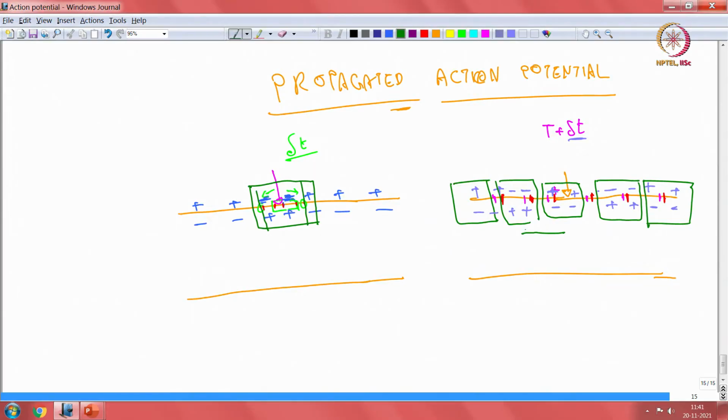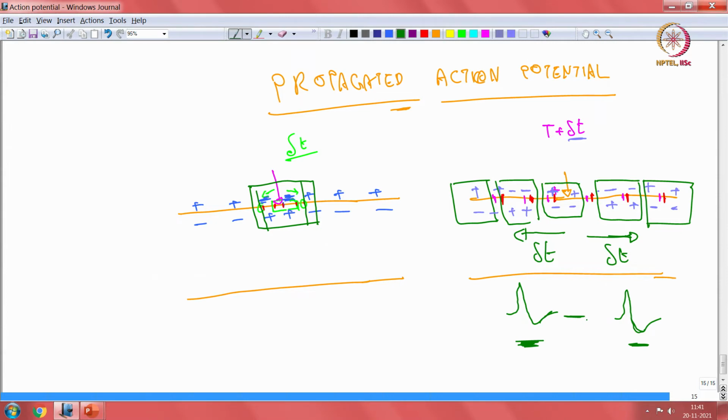So, it has moved in this direction in time delta t, it has moved in this direction in time delta t, and if we look at both of these, so the membrane is like this. If you look at the potential change which is happening over a small period of time, there is an action potential here and then there is an action potential here, exaggerated of course. So this is the action potential.